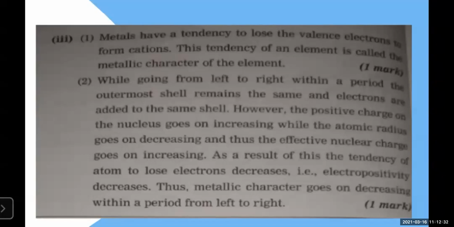Thus metallic character goes on decreasing from left to right. In the periodic table, the metals are on the left, and on the right-hand side you get non-metals and metalloids.